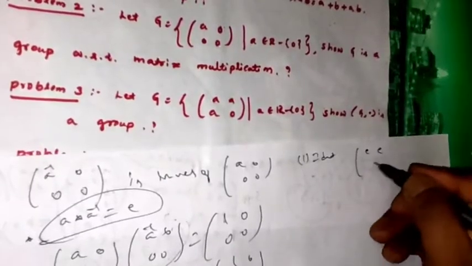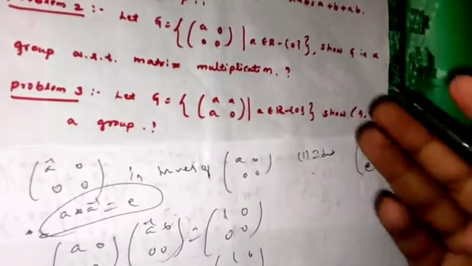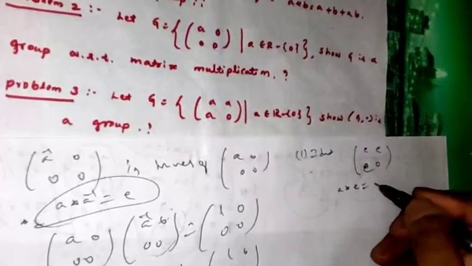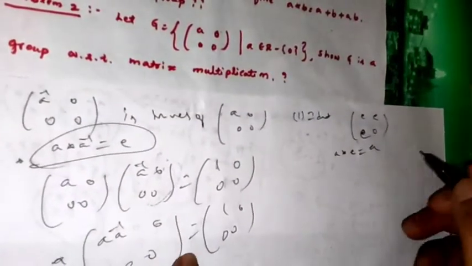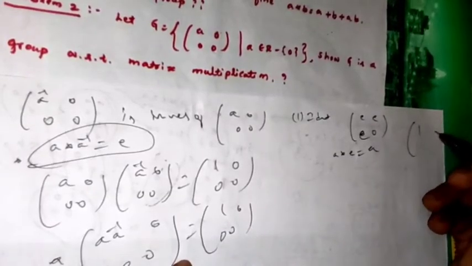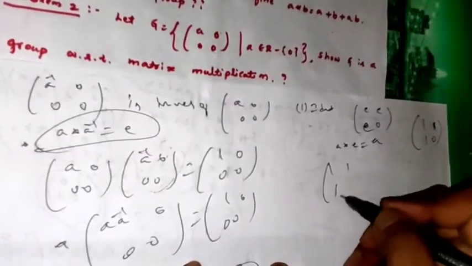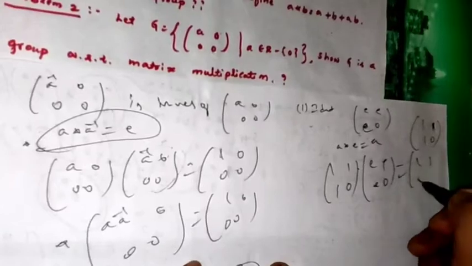Okay, what is the identity? Suppose I am considering E, 0 is the identity element for the group G. What is the condition? A star E is equal to A. This is the condition. Suppose in the group I am taking the element 1, 1, 1, 0, and the identity E, 0 is equal to 1, 1, 1, 0.